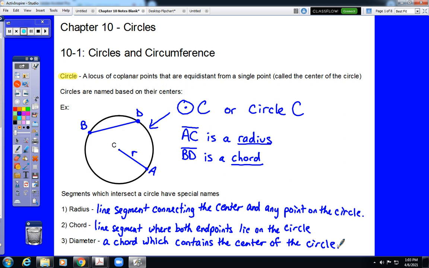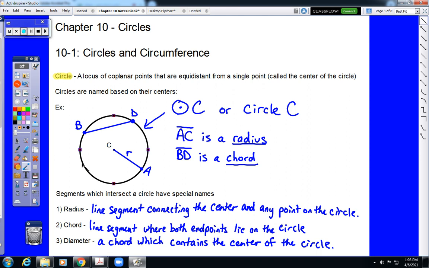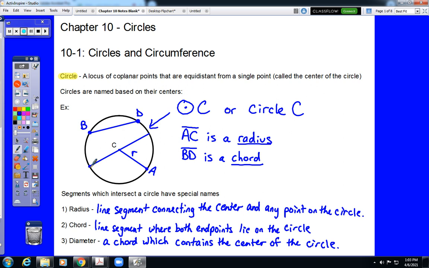So again, we're going to draw a couple points here. And we're just going to draw a diameter. Something like that. Call this point E and this point F. Okay, notice that point C is on that line. C is on line segment EF, which makes EF a diameter.